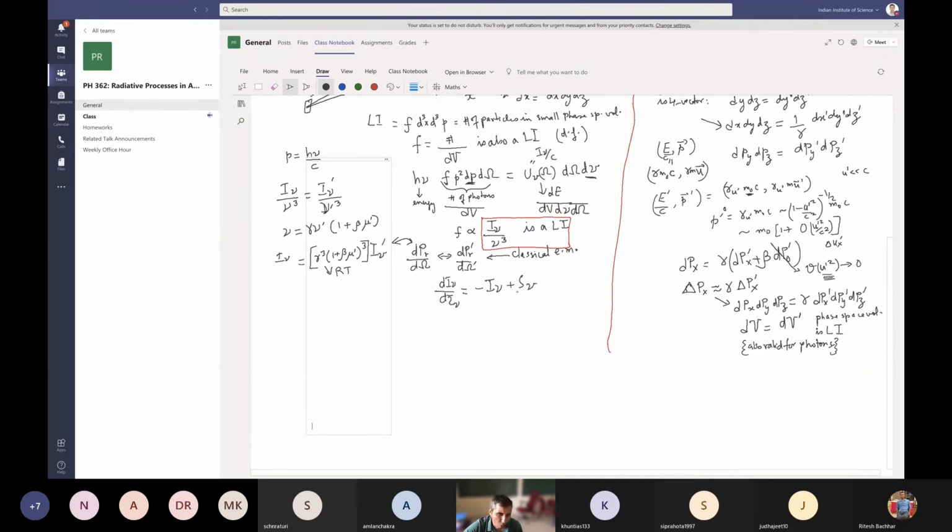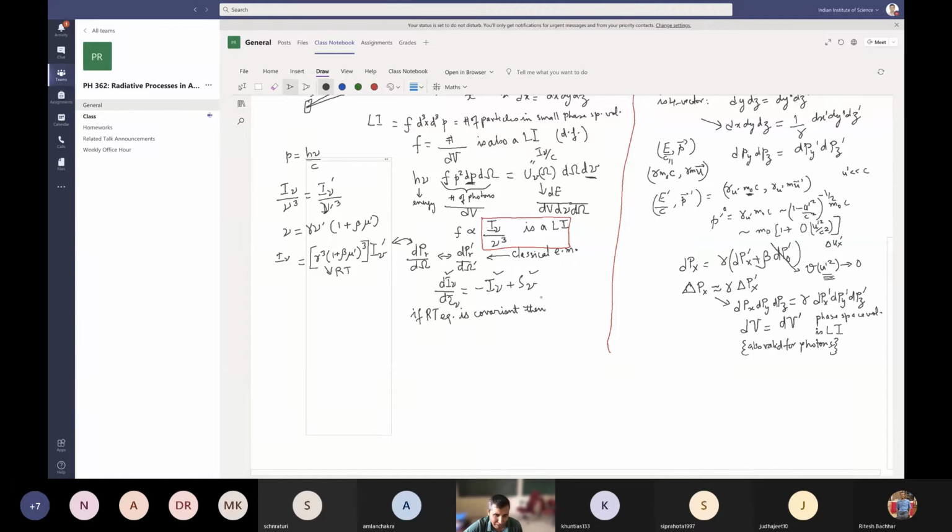If this equation holds in all the frames, meaning the radiative transfer equation is covariant, basically the same form in all Lorentz frames, then these three quantities should all transform in the same way under Lorentz transformations.